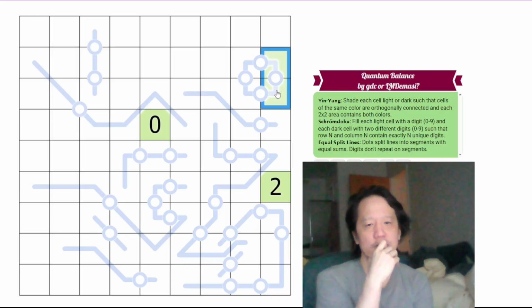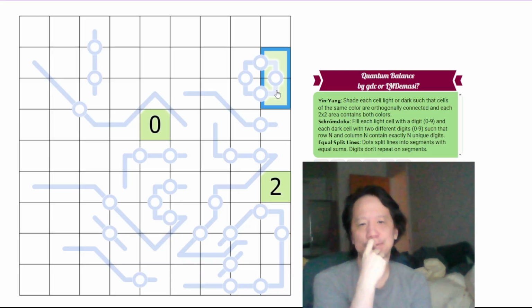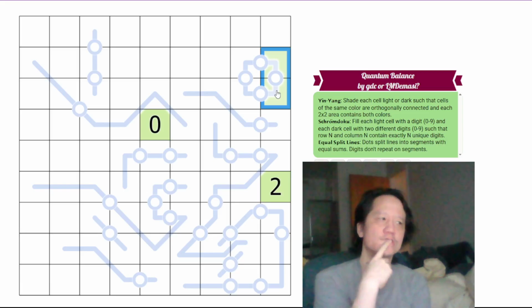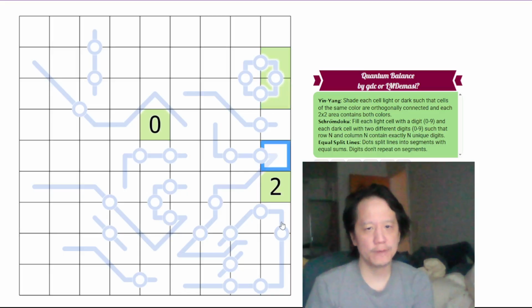Huh. Okay. My intuitions are not getting very strong here right now. That would mean there's at least two blues. You could have just two blues in the middle, right?